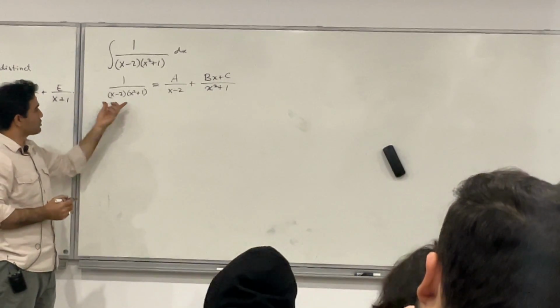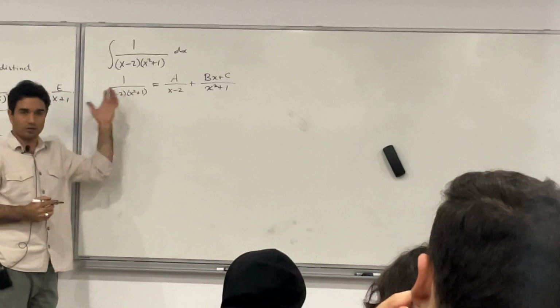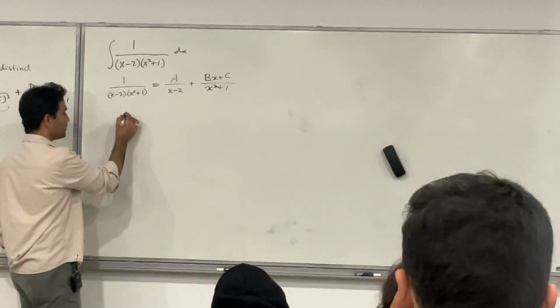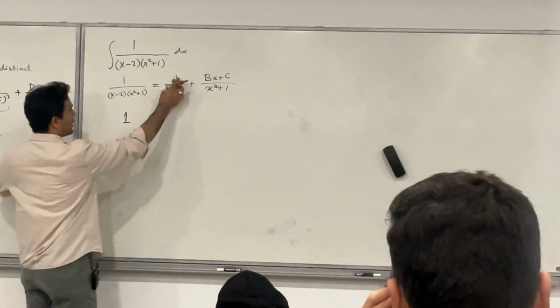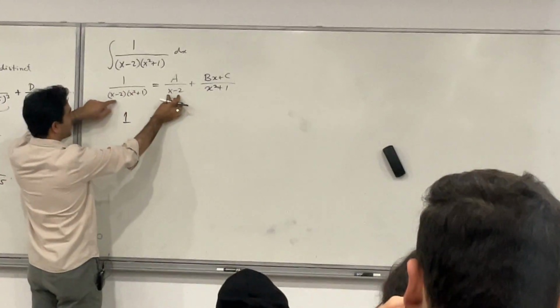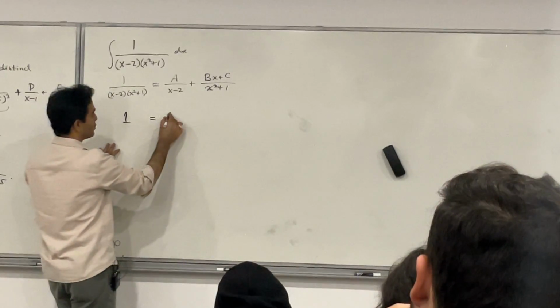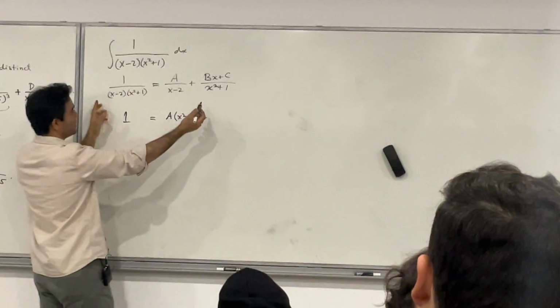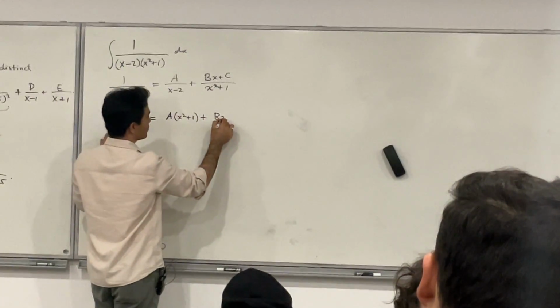So what do you do? You just multiply by the denominator throughout. Multiply everything by the denominator. That means 1 by itself is a times the other guy, because a is over x minus 2. So a times the other guy plus bx plus c times x minus 2.